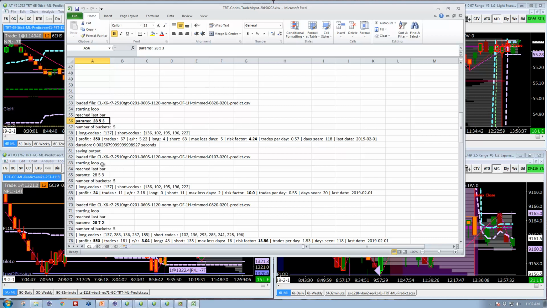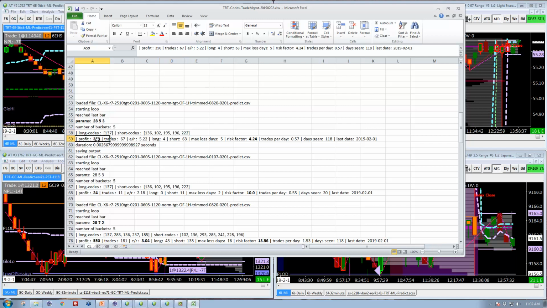The number of buckets is 5, that's this right here. So that means more than 50% of the buckets, 3 buckets out of 5, showed these codes, these behaviors, as high quality trades, or trades that met the quality parameter of 5 or better.